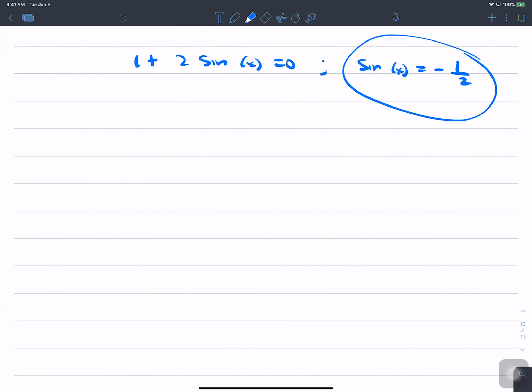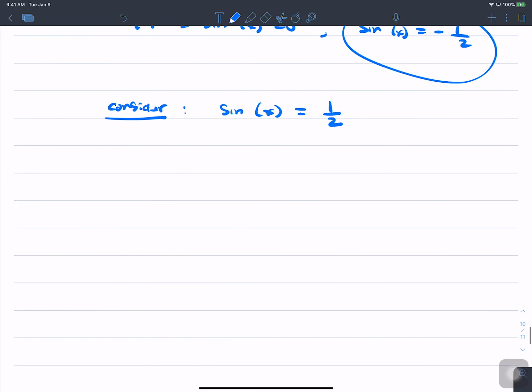Anyway, I'm going to look at the Cartesian coordinate plane. Remember, every time you solve a trig equation, you have to find that reference angle. So you look at the positive sine and use the definition again: opposite over hypotenuse. So we draw a right triangle.